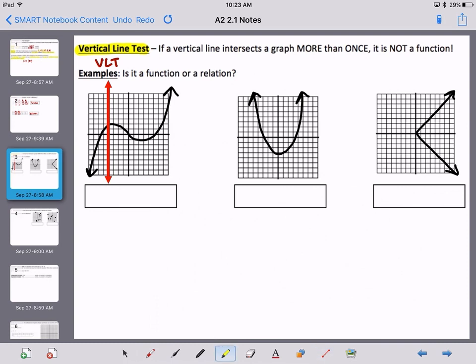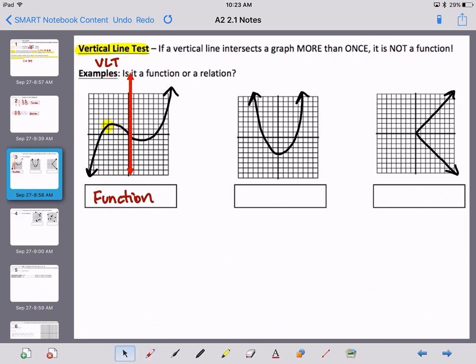Notice this vertical line only touches right there. If we slide that line across the entire graph, it's only crossing the graph at one point. That passes the vertical line test, and we can say that this is in fact a function.